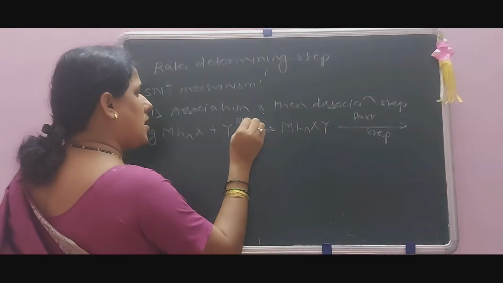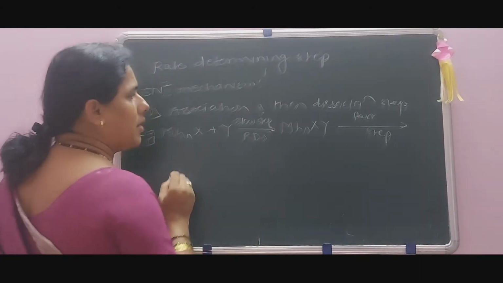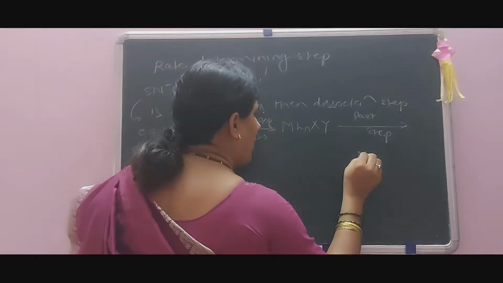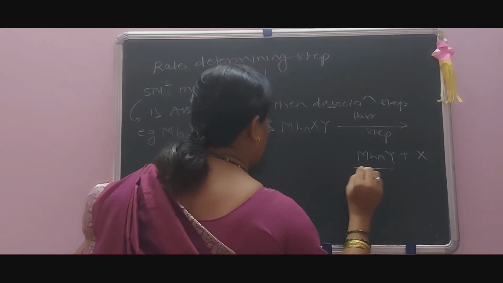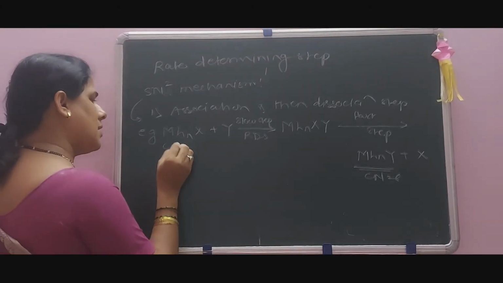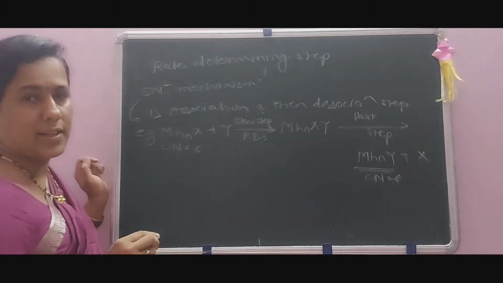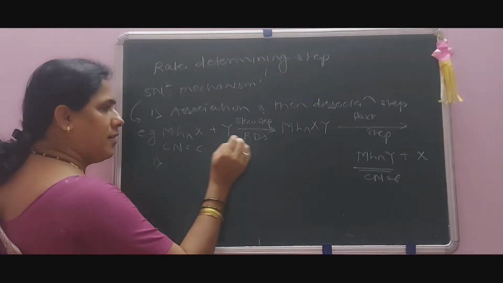This is a slow step, that is, it is the RDS, and there is formation of M ln Y plus X, where Cn is equal to 6 here also.